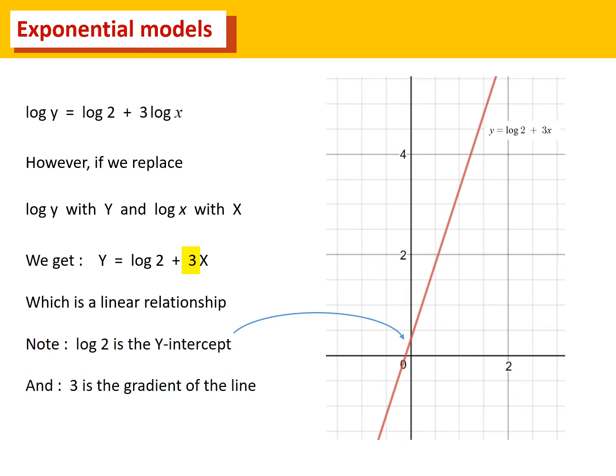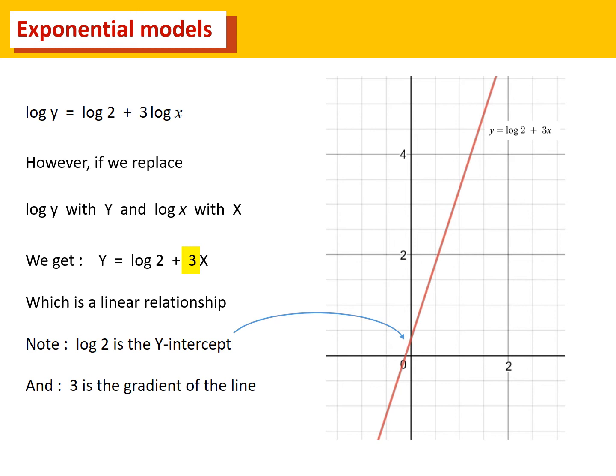And you might be thinking, well, why is he doing this? And the reason is this: if we, for example, carry out an experiment and we have a set of results which look like an exponential, by changing the variables as we have just done here, we will obtain a straight line graph, and we can use that straight line graph to find the precise relationship we're trying to find: the constant a, and the power n.